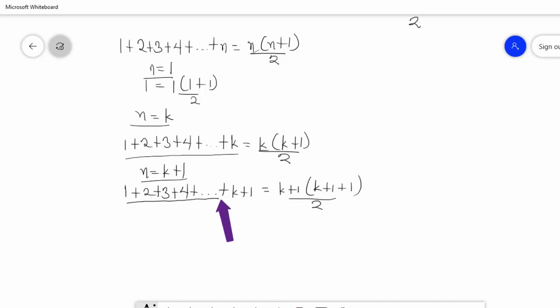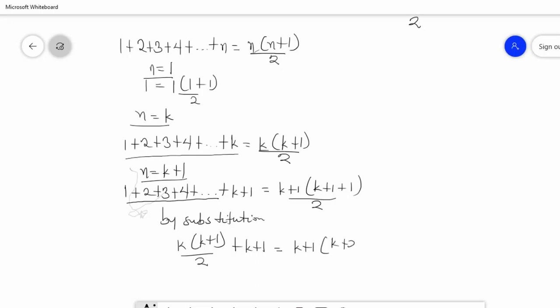So by comparison, we can equate 1 plus 2 plus 3 plus 4 plus a continuous sum of sequence members with the same common difference to be equal to this expression k into brackets k plus 1 all divided by 2. So by substitution, we shall have k multiplying k plus 1 all on 2 plus k plus 1, which shall give us k plus 1 multiplying now k plus 2 all divided by 2.